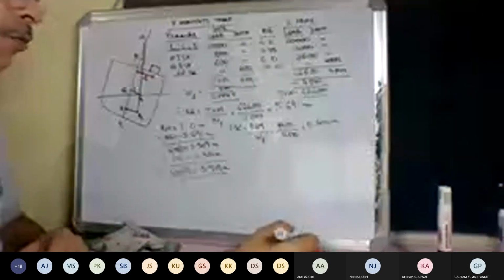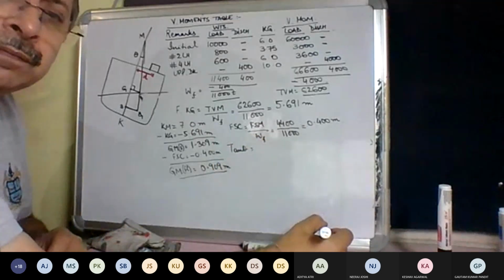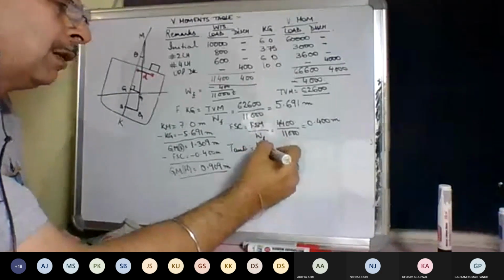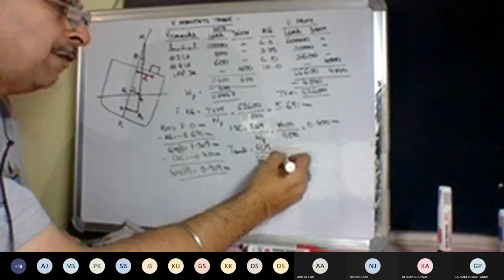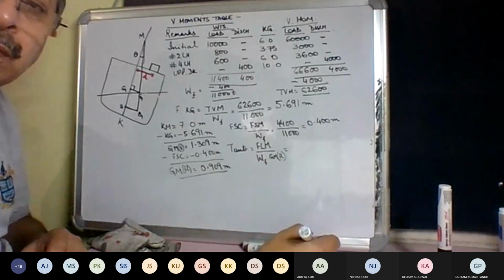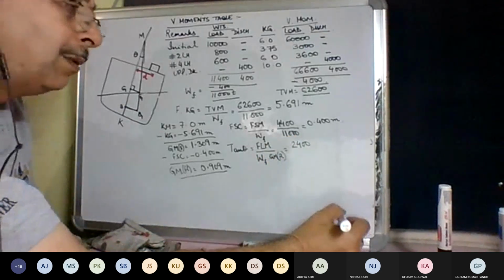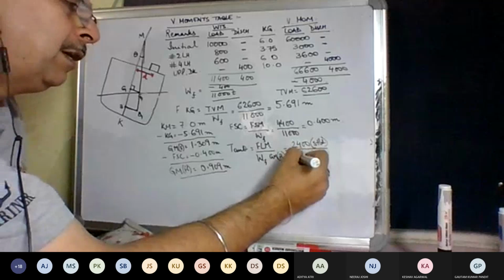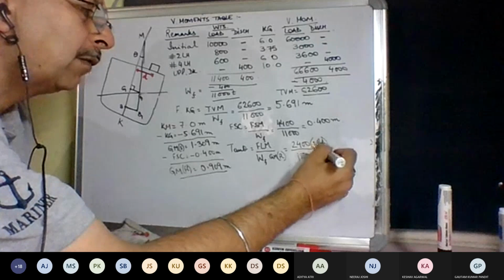So therefore, अब फॉर्मूले में आ जाओ, tan theta is equal to final listing moment upon W final into GM fluid. फाइनल लिस्टिंग मोमेंट हमने कैलकुलेट किया था was 2,400 to starboard, divided by 11,000 into GM fluid 0.909.